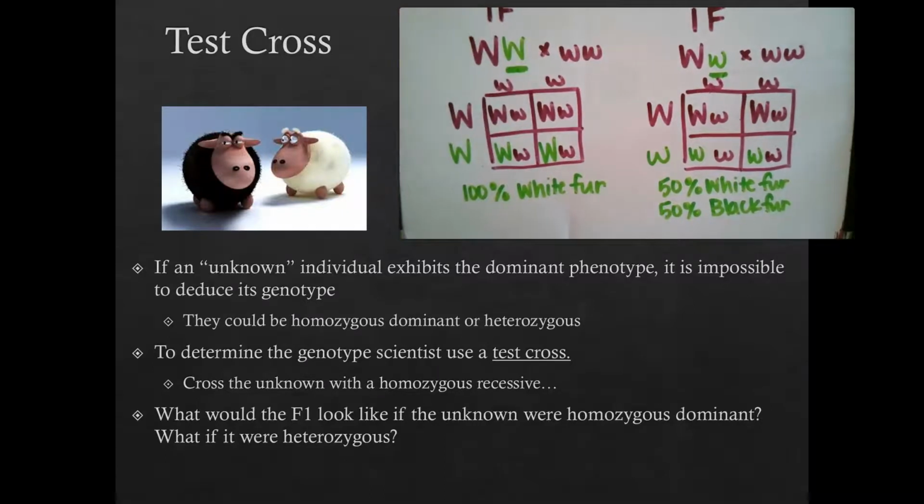That's not a 50-50 split. However, if the unknown was homozygous dominant, big W, we would see 0 black furred sheep. So even 1 will tell us that we are looking at a test with a heterozygote.